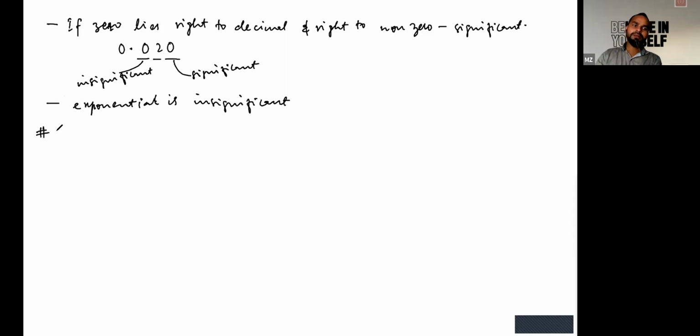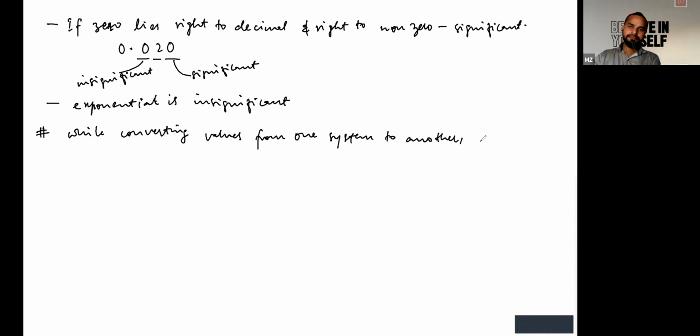If you convert one unit into another, the number of significant figures in total would remain the same. While converting values from one system to another, the number of significant figures will be the same.